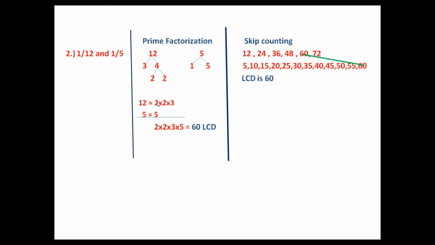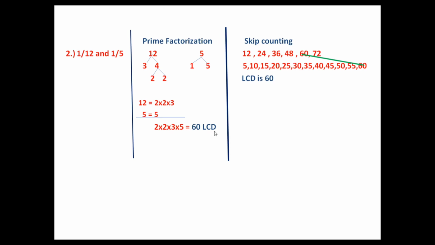Then combine the common factors. There are no common factors of these two denominators, so we need to copy it all, or just multiply it all. So 2 times 2 is 4, times 3 is 12, times 5 is equal to 60.